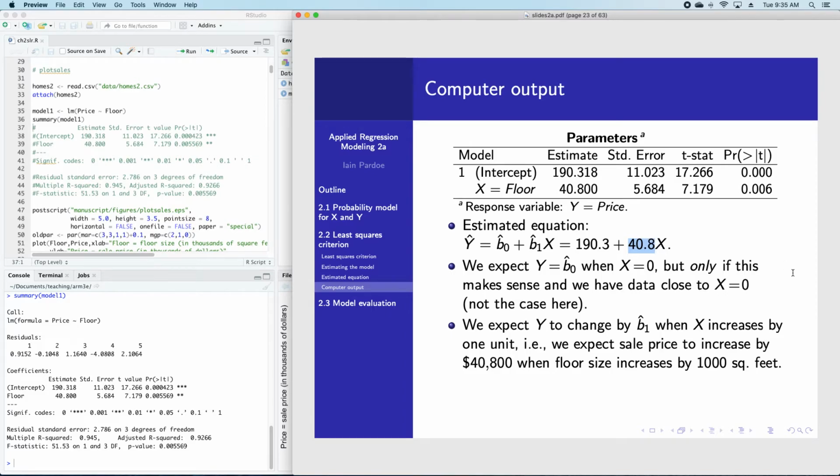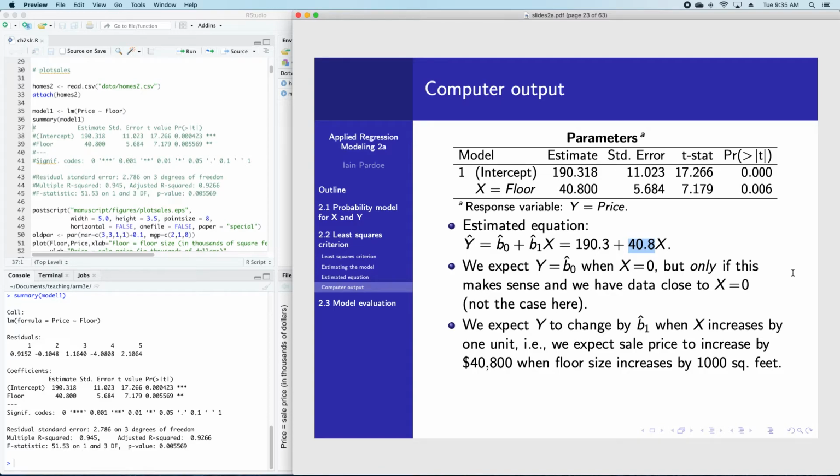And what it represents is the expected change in y when we increase x by 1 unit. It's important to think about the measurement units here. So what is 1 unit of x in this particular example? Well, x was measured in thousands of square feet.